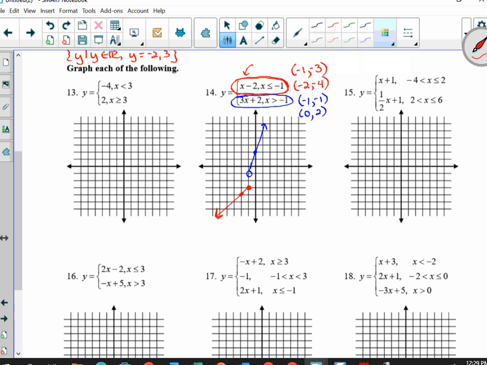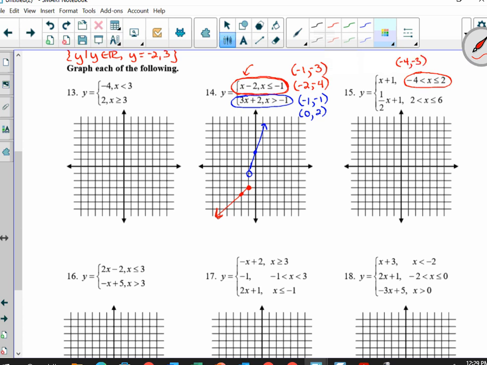All right, so 15. Do you guys see this time how x is between 2 values? This means they've given you both points that you need. You don't have to pick anything. You use the -4, you use the 2. That's it. Plot them, connect them. Okay? So when I plug -4 in, what do I get?